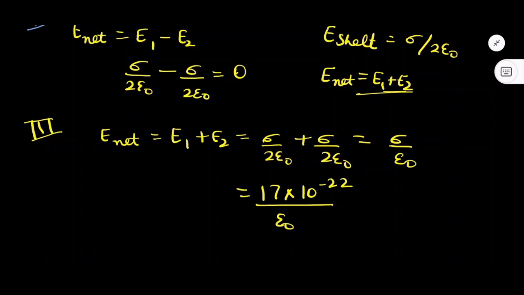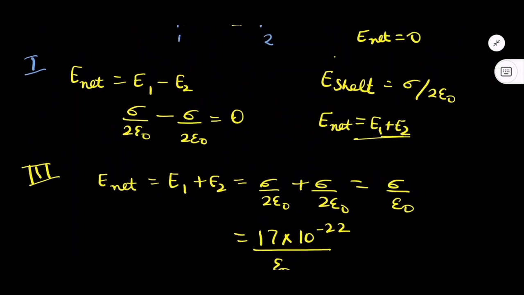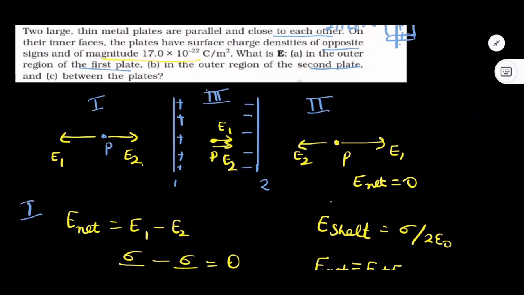Now you must have got the idea and the clarity of the concepts. You just need to keep in mind the methods which we are using in each question. For this type of question, our first step is to identify where the point P is. So we have to read the question carefully and see where we have to check the electric field, either in first region, second region, or third region.